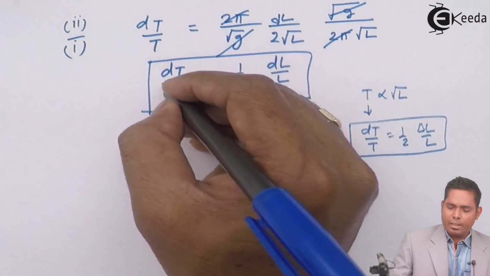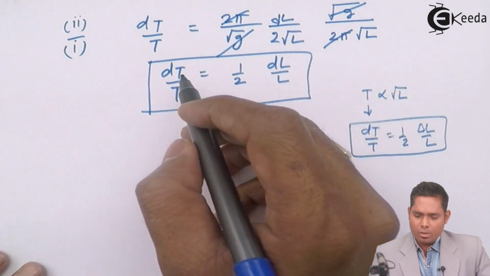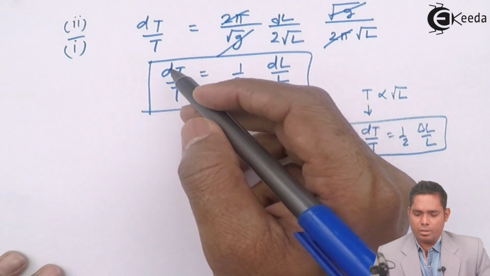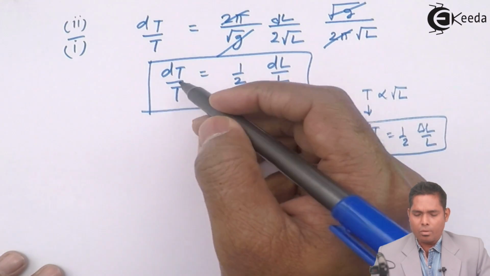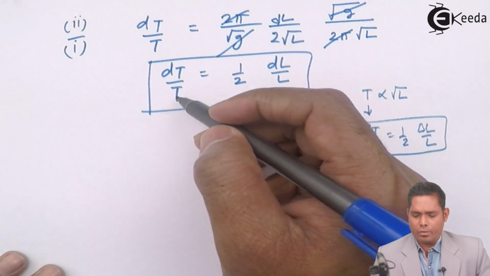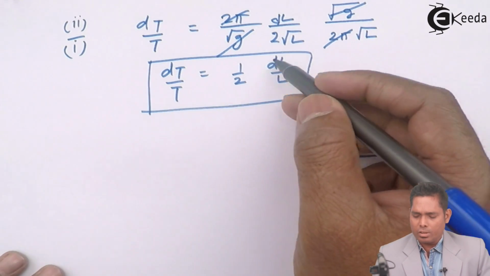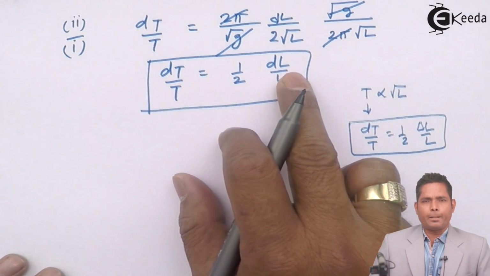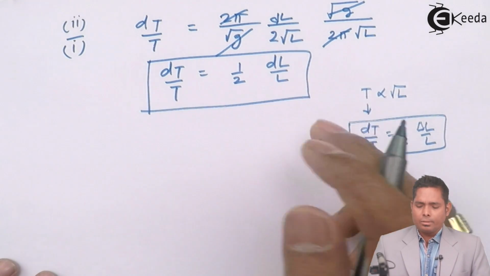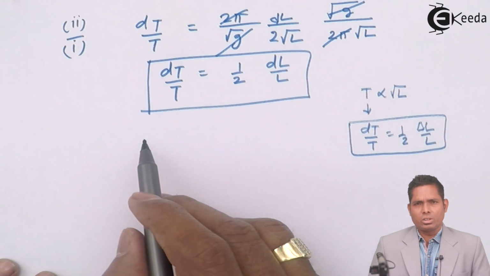Now, what is this delta T? That is the loss or gain of time in seconds, and this T is the duration of a day. This delta L over L is the change in length over the original length. Again, we have to express this delta L upon L as a function of alpha and the change in temperature.